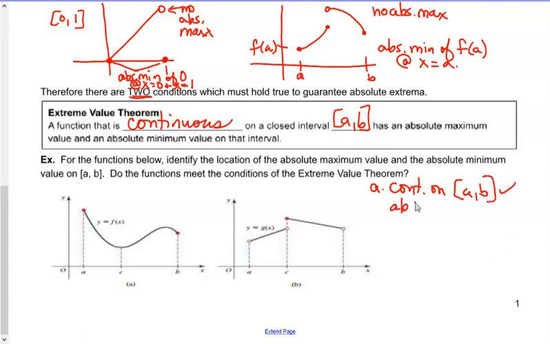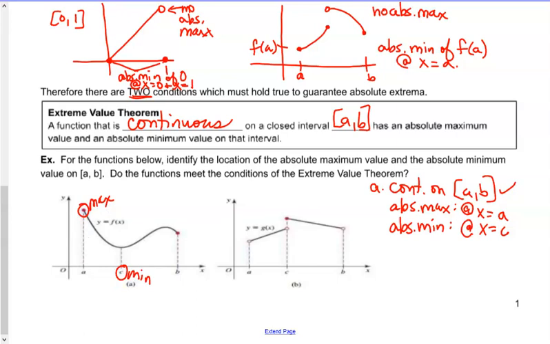Now, where are those? Notice here we don't have any y values, but we can say what x values we have. The highest point that I have is here at A. The lowest point along my y-axis is right here at C. So we have an absolute max at x equals A and an absolute min at x equals C. So here's my min and here's my max.